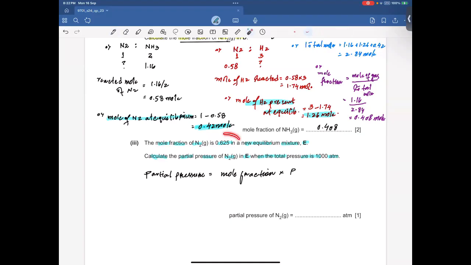Now see, mole fraction is given, pressure is given, so we need to multiply both the values. Mole fraction is 0.625 into pressure is 1000. So partial pressure is basically 625. So 625 atmosphere is the right answer.